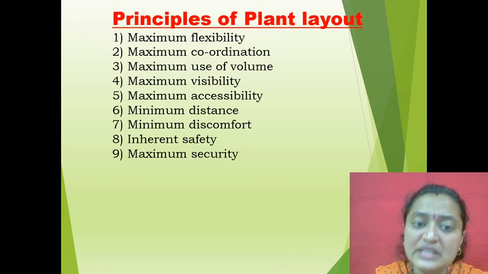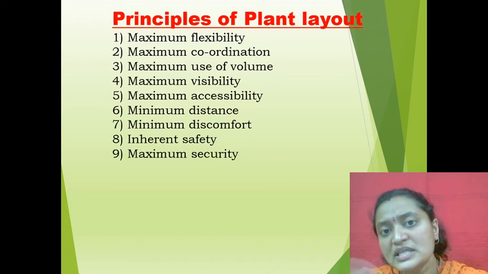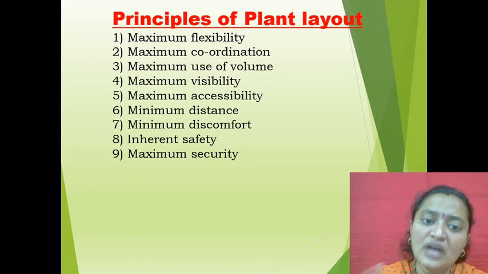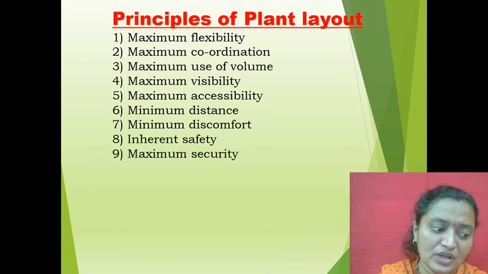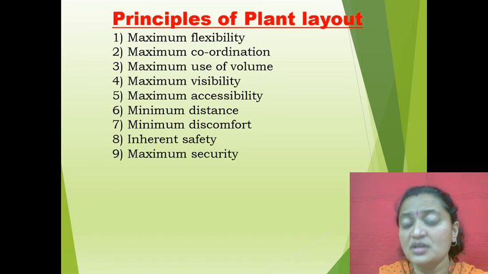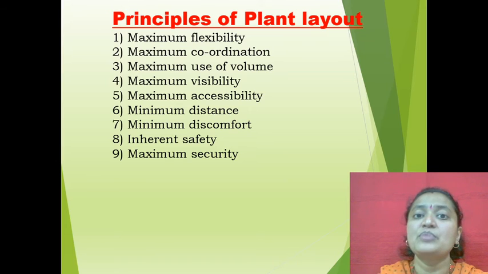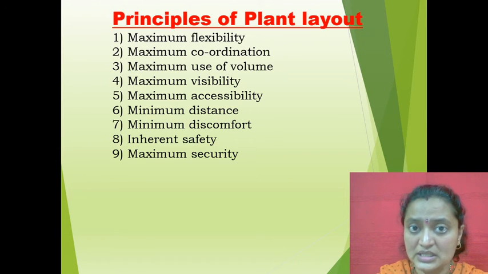The next one is inherent safety. Now, what are the safety measures provided to the employees in the organization? Suppose they are doing risky work, like fire work, preparing bolts, nuts and all that.